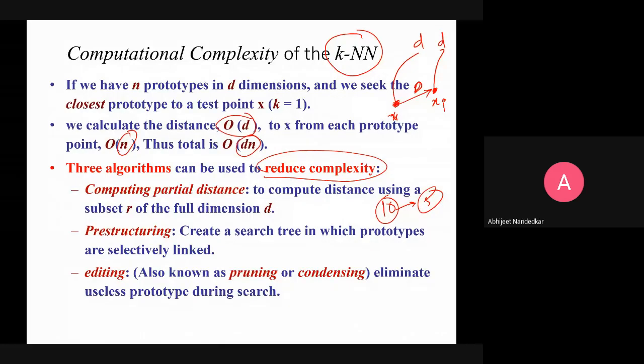But I find that if I take only 10 samples per class, my results are still not deteriorating. So I can use 10 samples per class. Instead of 1000 samples, I can reduce computation by just considering 100 samples. So that is another way of reducing the complexity.